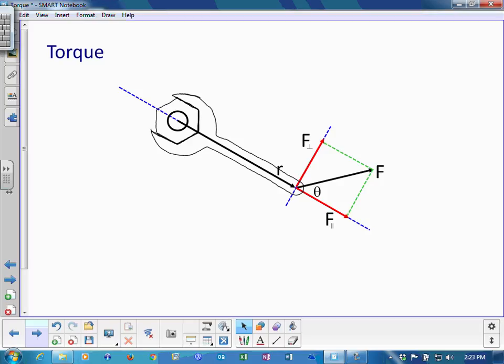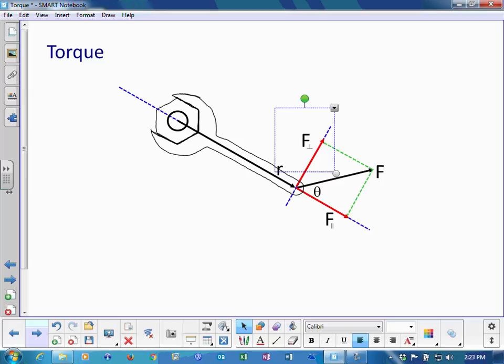One way of handling this is to break down the force into two components. A component that's perpendicular to the line of action of the position vector, and a component that's parallel.